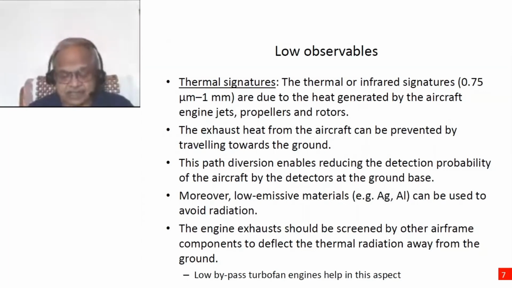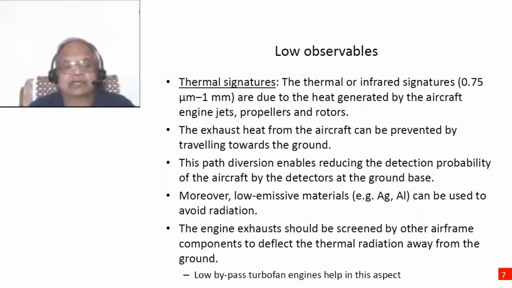In some cases, the surrounding fuselage does kind of shield the exhaust directly, in the sense that the nozzle is slightly inset in the fuselage. Another technique we used, which can help, is the modern bypass engines.